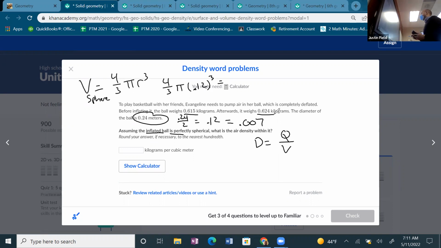So does that mean that we have to subtract those two to get the total quantity? Is that right? Divided by the volume. Ooh, subtraction on me. 0.624 minus 0.615.